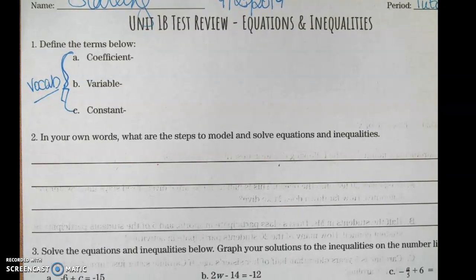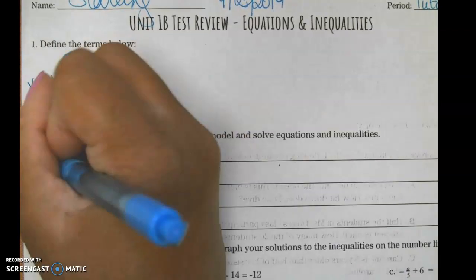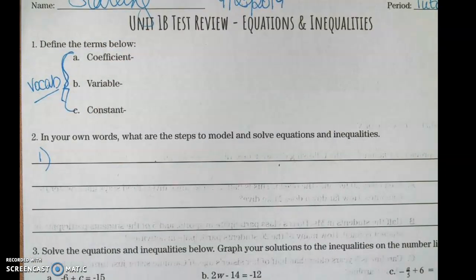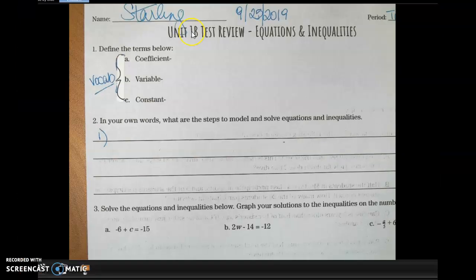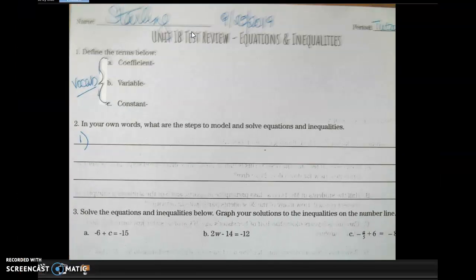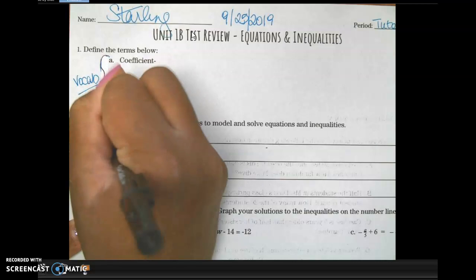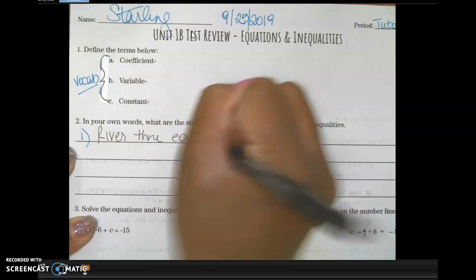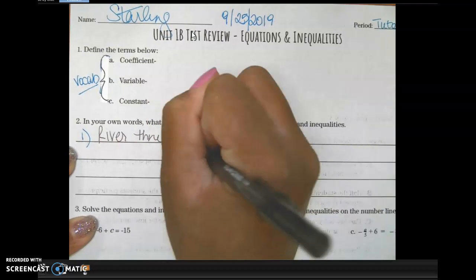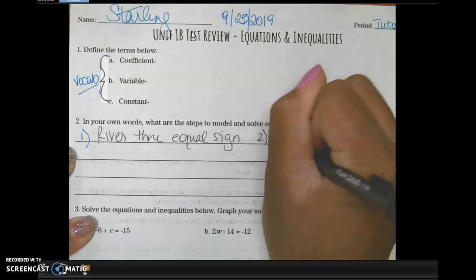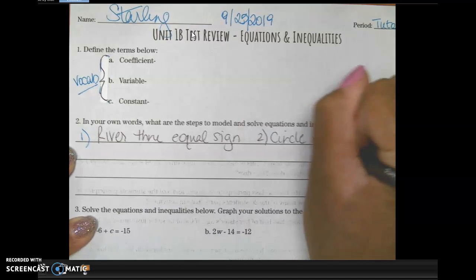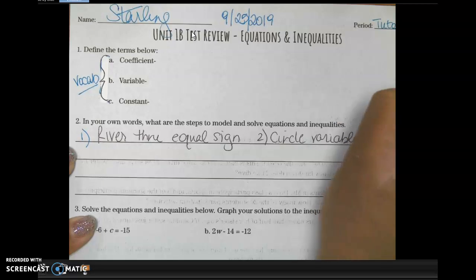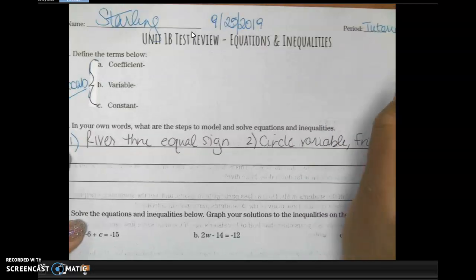So for number 2, what's the first thing we need to do when we're solving equations? One is draw a river through the equal sign. Then what? Circle the variable. Its friend. What is the friend called mathematically?